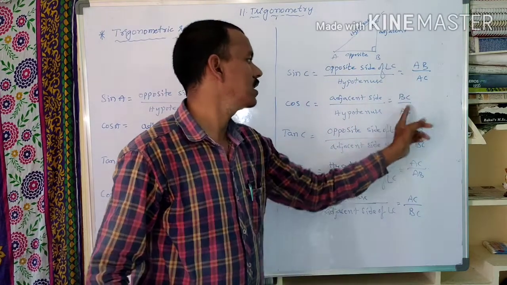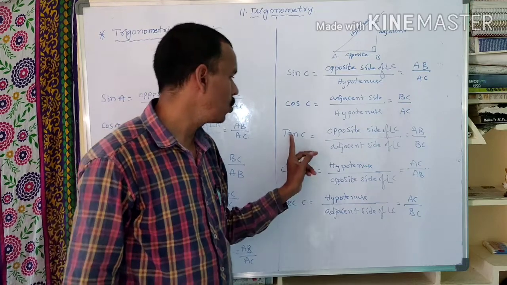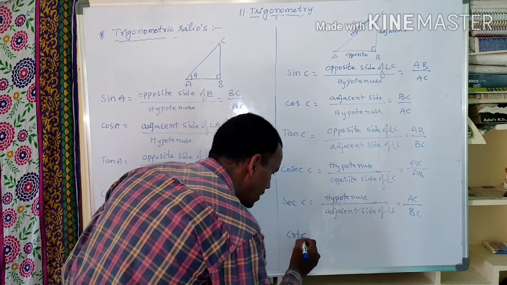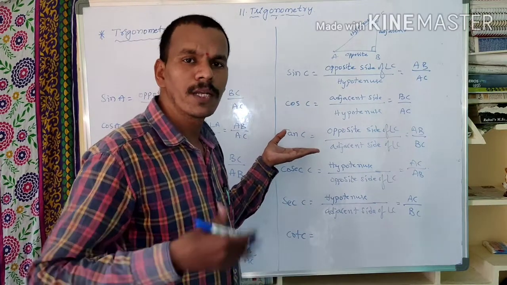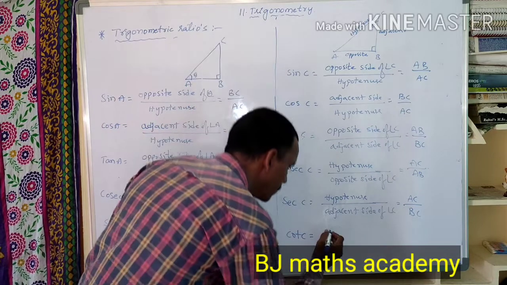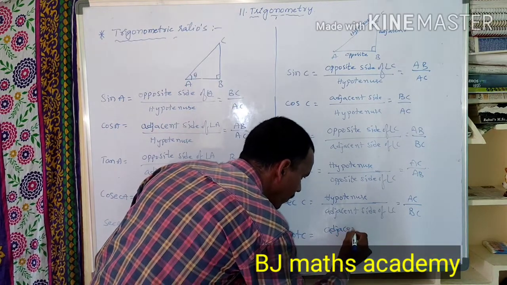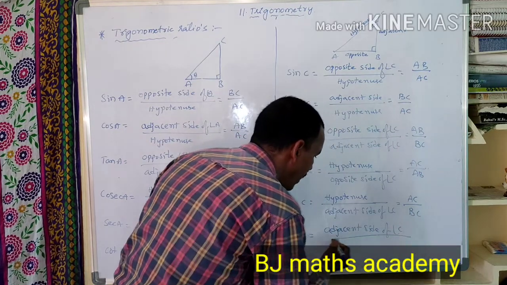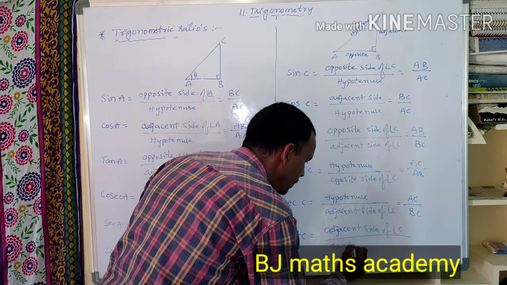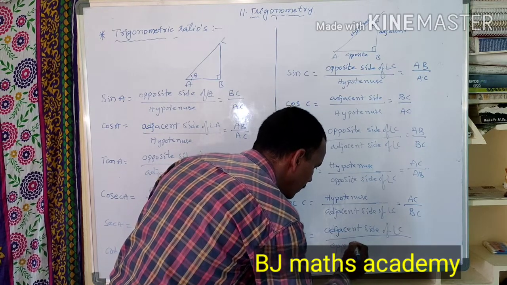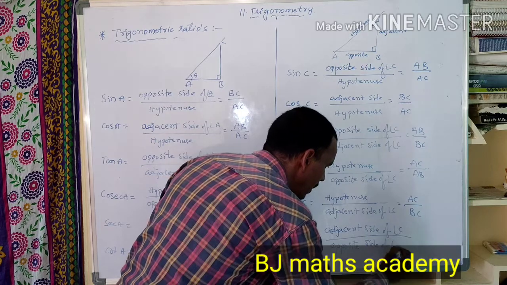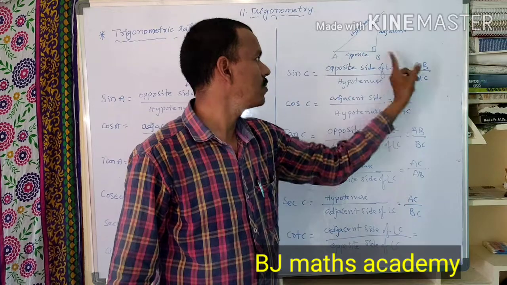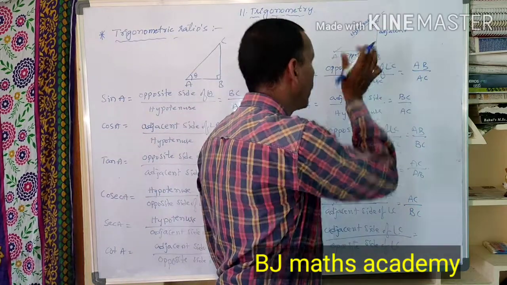Next, the multiplicative inverse of tan C is cot C. Cot C is the adjacent side of angle C by the opposite side of angle C. The adjacent side is BC and the opposite side is AB, so BC by AB.